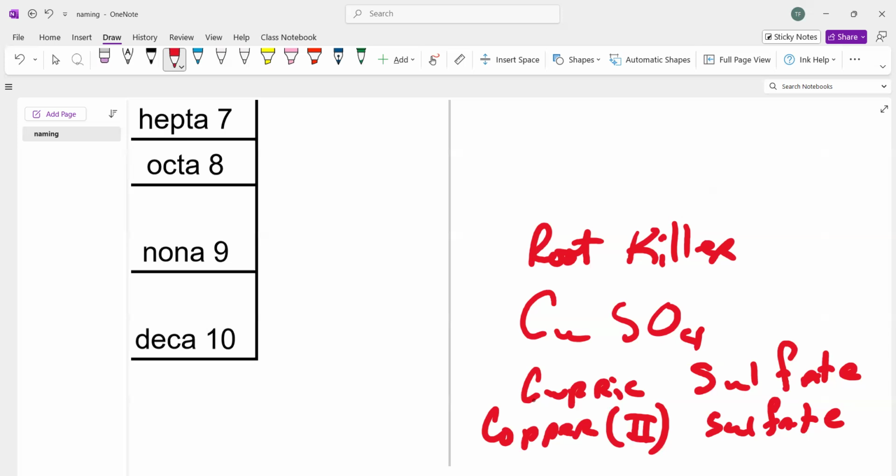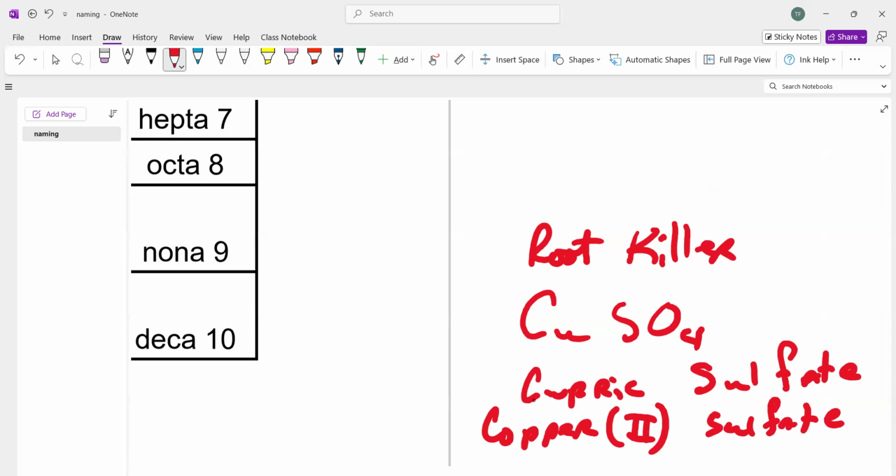Same with the -ous. All that means is that the -ic is higher numbered than the -ous. But you don't know what the starting point is. Where copper-2, you know exactly what the charge is. So it's very, very precise, but unfortunately not used very much.